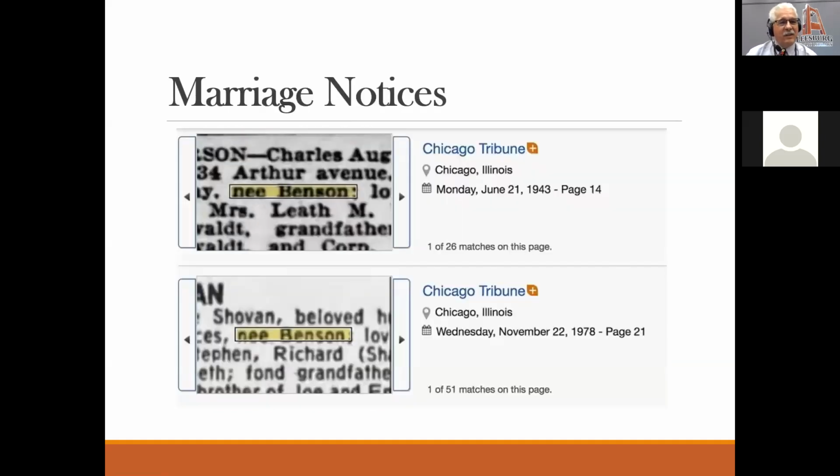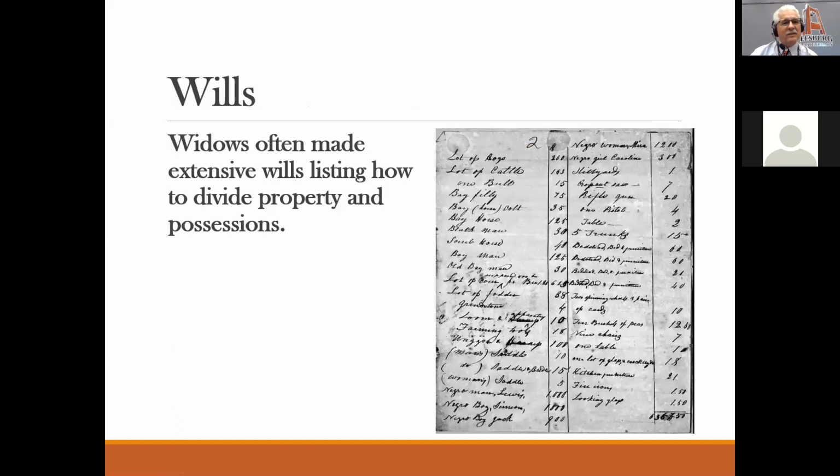Of course, marriage notices, you always got to be prepared for that, because they give maiden names as well as married names. So always be on the lookout for that. And wills, because women who were widowed generally owned most of their husband's property, not always, depending on how his will was done.